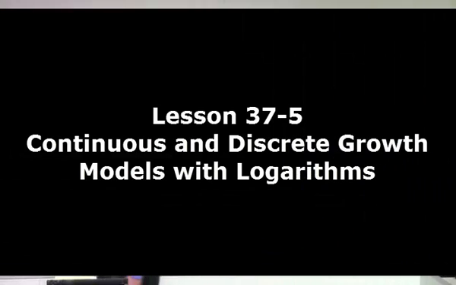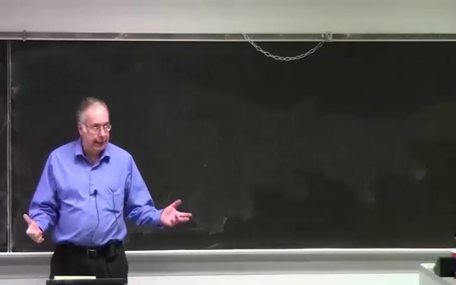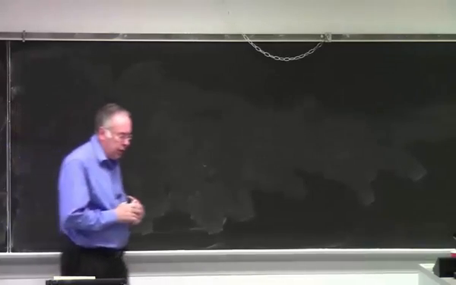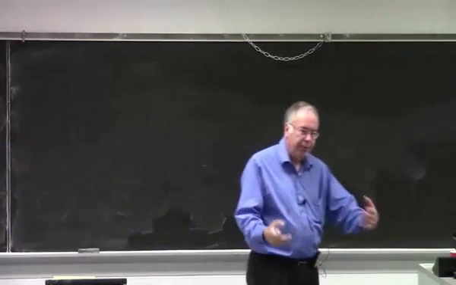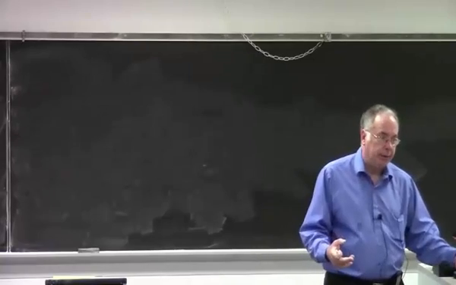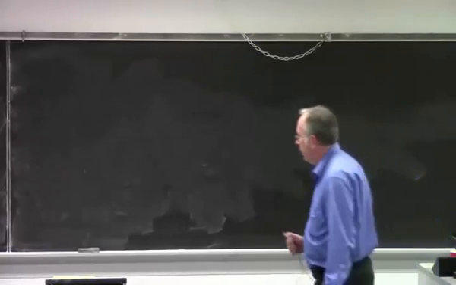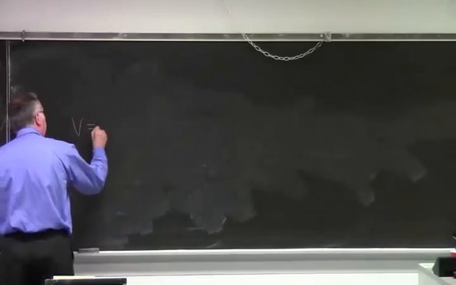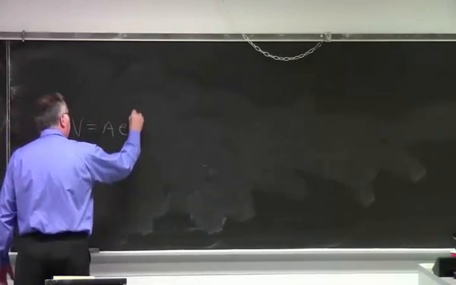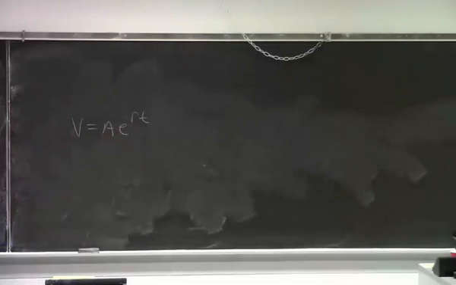Another example that we touched on last class. I told you it's possible to switch between continuous growth models and discrete growth models. For example, if you have this equation right here, v equals a times e to the rt, you're assuming continuous growth.